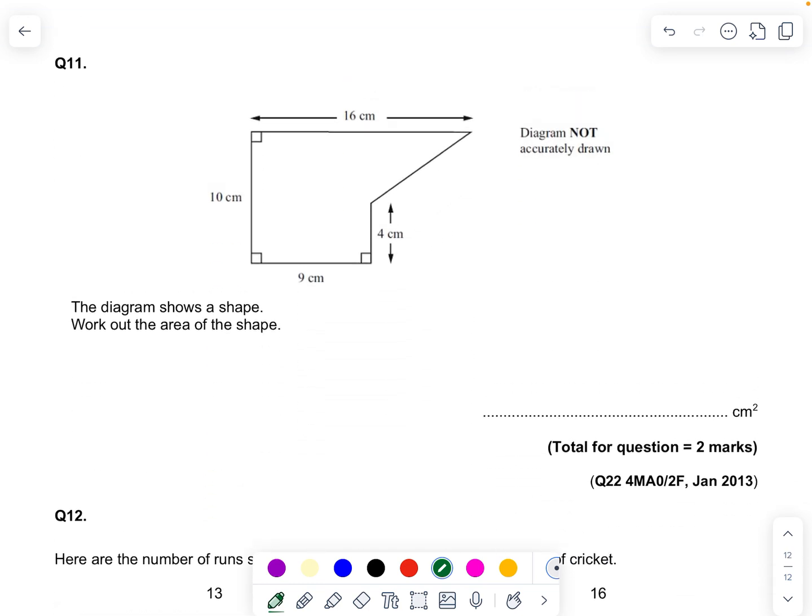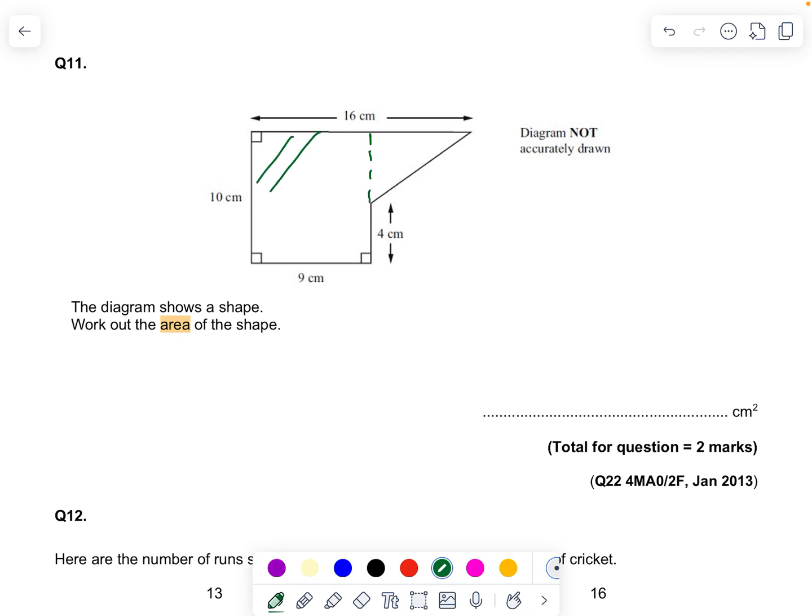Okay, next one is we need to find the area of the shape. Some of you, I think, got confused and tried to work out a perimeter. We need to find the area. So to find the area, I'm going to split it into a triangle and a rectangle.